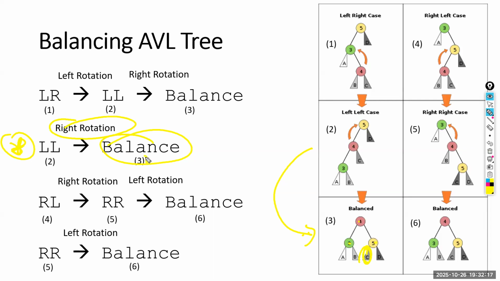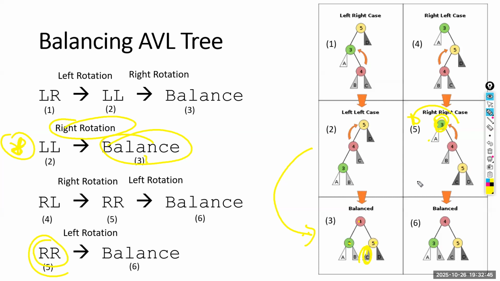So if you get a right scenario, this is left scenario, right scenario, like this. Now the balance factor issue is here because this is 0 minus 2, minus 2. This is the issue now. So now you need to do left rotation.